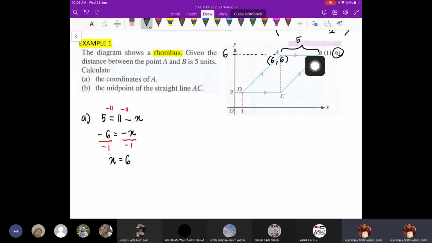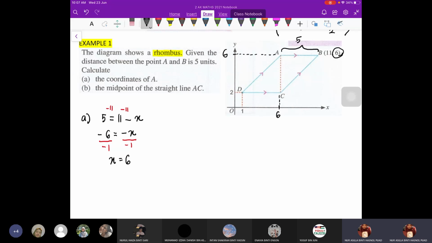But AB is not equal to AC. You cannot assume AC tu pun sama juga length dia. No. We cannot assume that. What we can assume is, saya kena padam sekejap. Okay, saya letak sini 6.